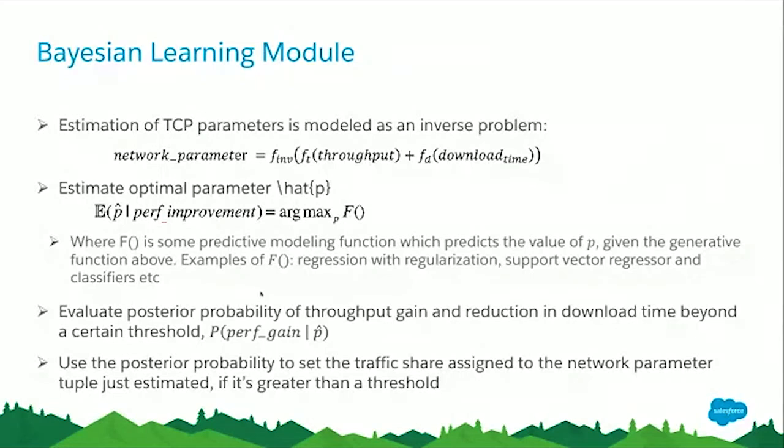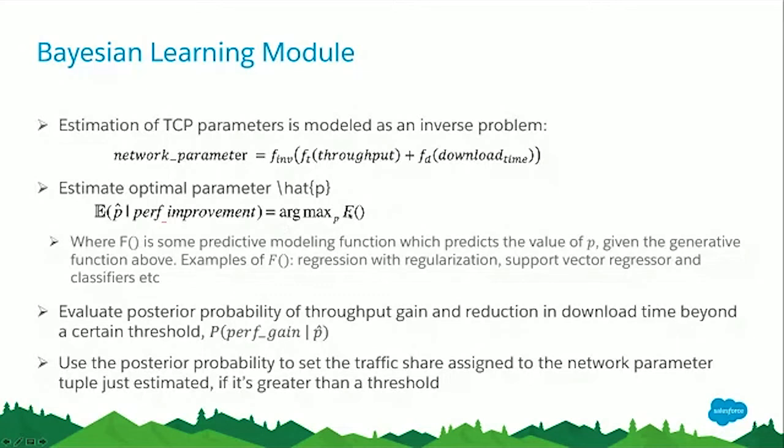And you can use some sort of a loss function, and that can be easily used with any kind of supervised learning algorithm. This is how we convert it to a supervised learning problem. At every point in time, we estimate the best network parameter given we have a performance improvement. That's an argmin, sorry, it's a convex function, so I should have made it argmin.